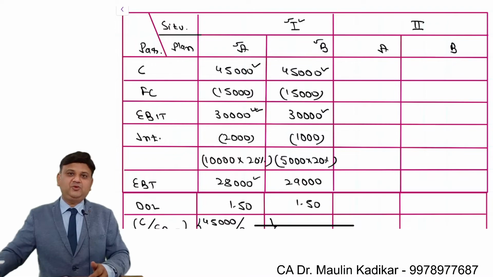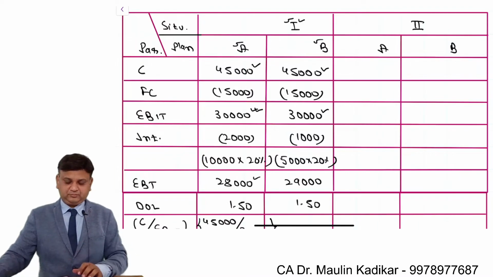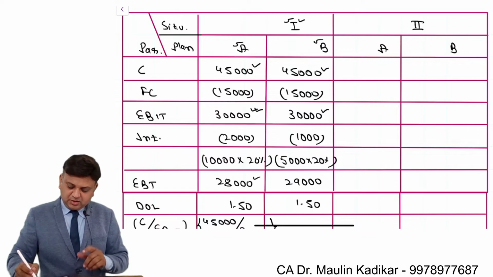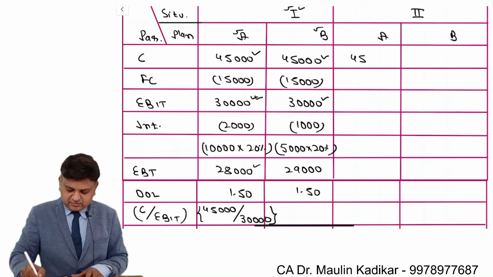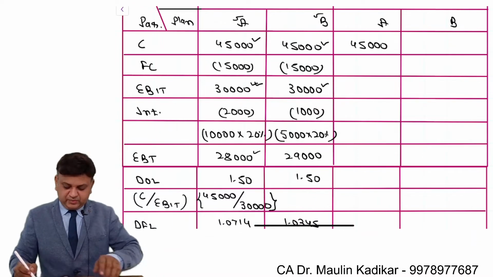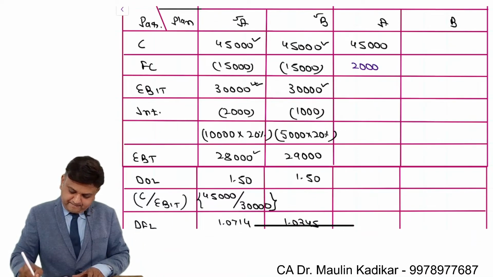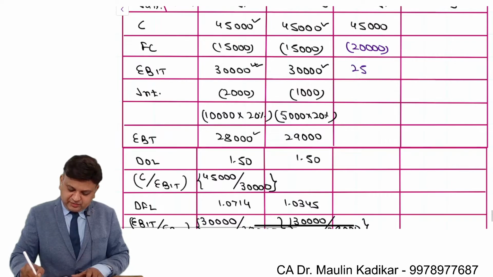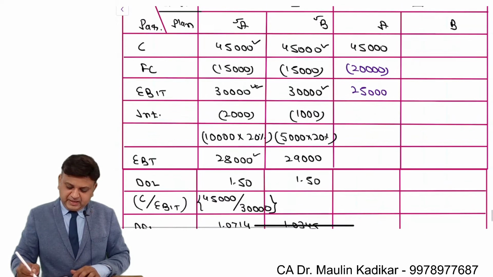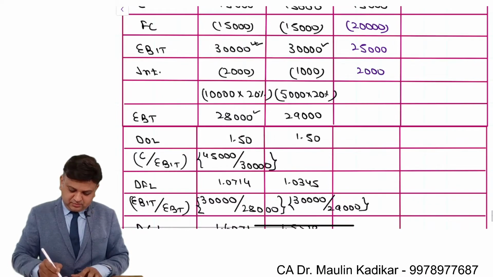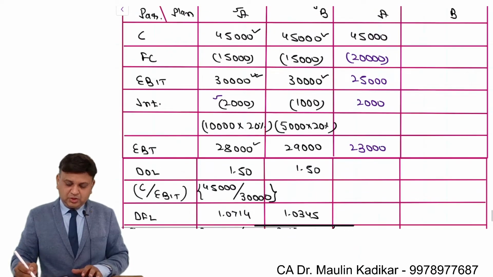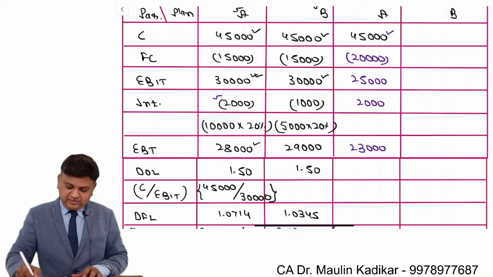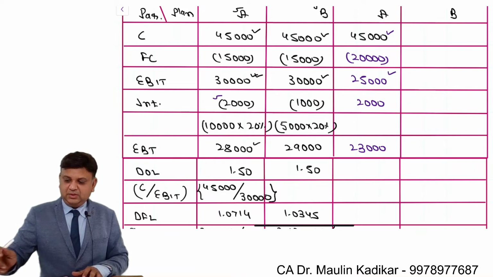Now 2A and 2B. Next, situation number 2: contribution won't change, 45,000. Fixed cost will change. The amount of the fixed cost will be 20,000, so EBIT is 25,000. Plan A will have the interest of rupees 2,000, so EBT is 23,000. Degree of operating leverage is 45 upon 25, that is 1.80.